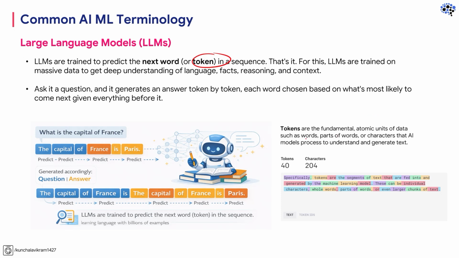A token can be a word, part of a sentence, part of a word, or it can be a single character that AI models process or try to understand, right? For example, this can be a token, this can be a token, ARE can be a token, right? There are models that can split whole sentences into tokens. Again, we'll come to it a little later. So the LLMs work on predicting the next word in a sequence.